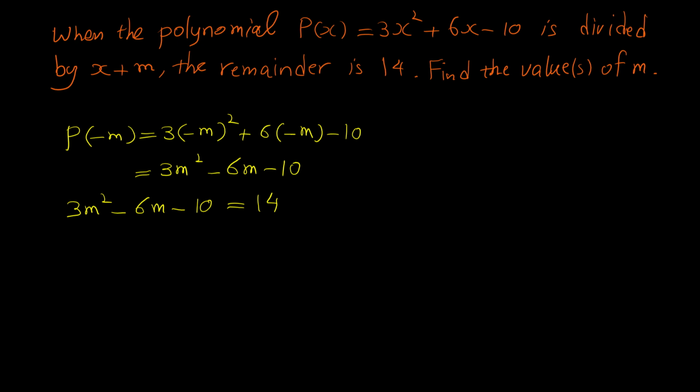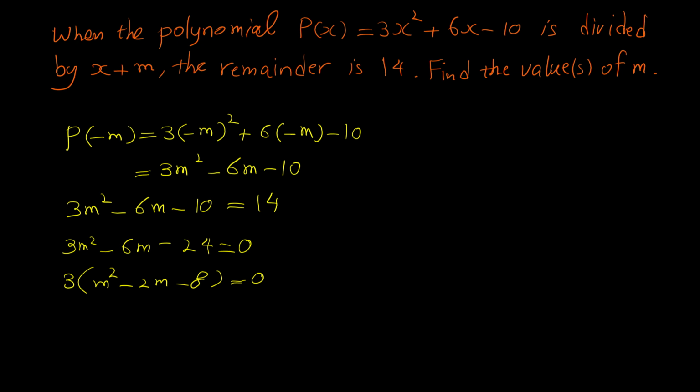We move everything to the left, then we have 3m to the 2 minus 6m minus 24 equals 0. To solve this quadratic equation, we factor 3 because 3 is common between these three terms. So we factor 3. Then we have m to the 2 minus 2m minus 8 equal to 0, not minus 6, of course, minus 8, because we factor 3.